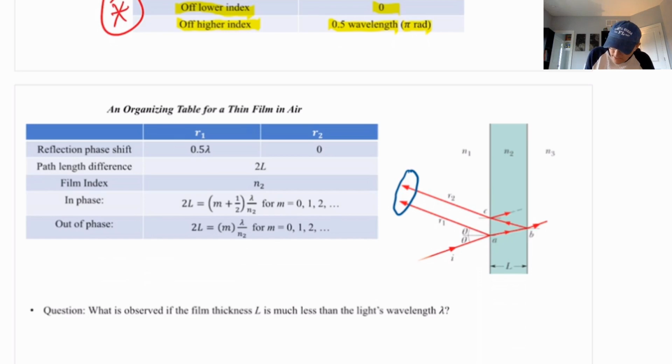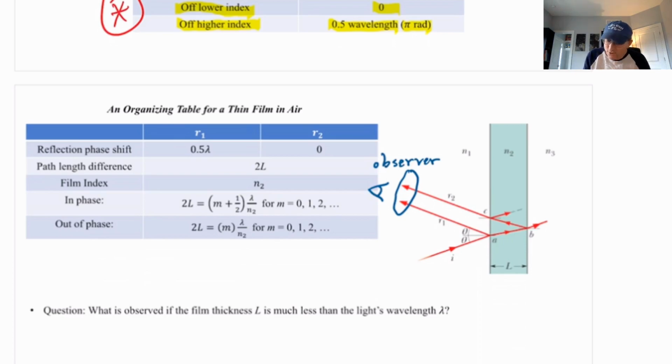And that's where our observer is going to be, and is going to combine those two rays in their eye, or in some kind of camera equipment, perhaps. But we want to know what kind of interference we're going to observe when those two waves interfere.